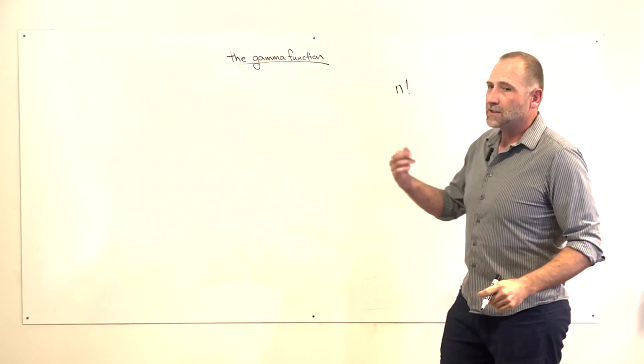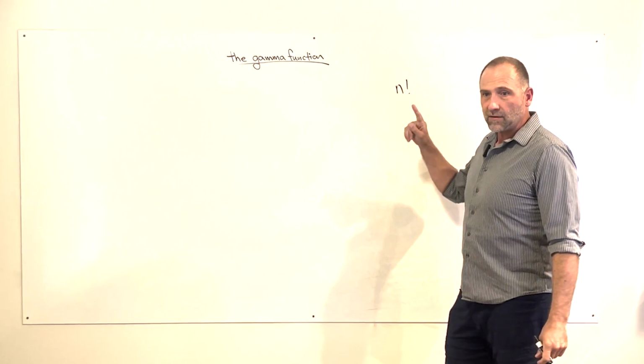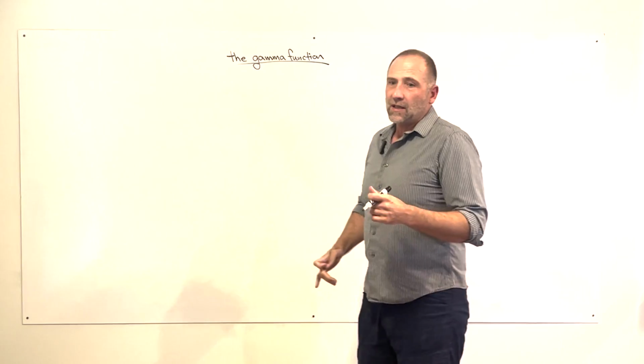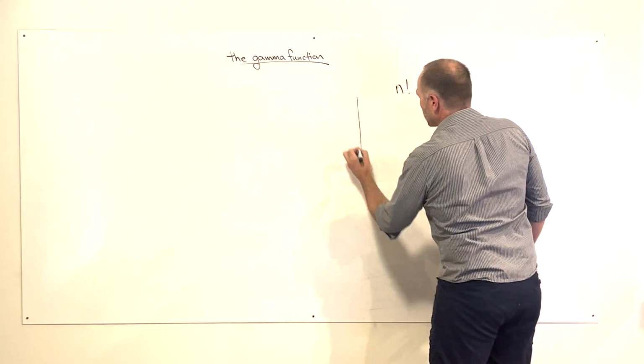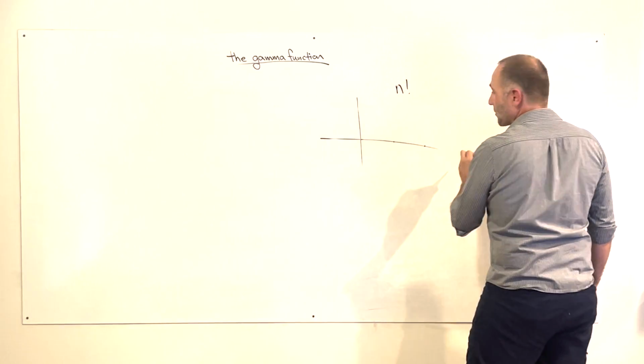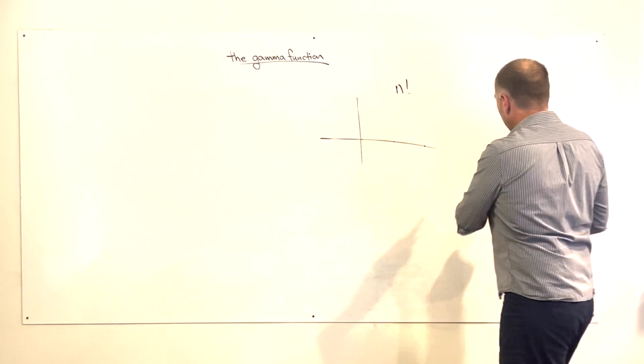Okay, so the factorial function is defined for n's that are whole numbers, right? N equals 1, 2, 3, 4. If you were to draw it as a function, it gives you answers on the real number line, but nothing between. It's just dot, dot, dot, dot.